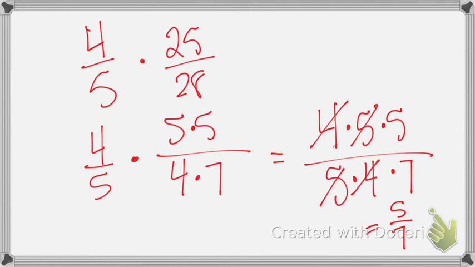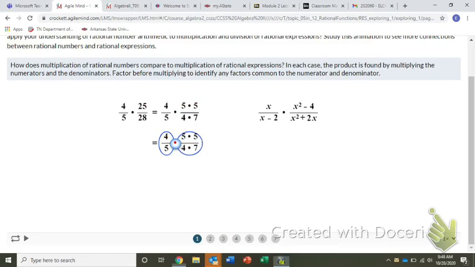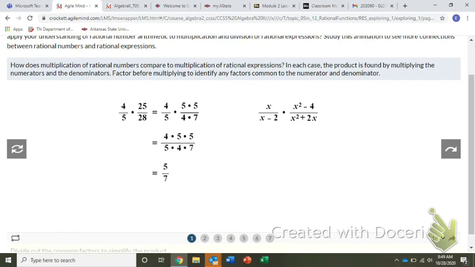Okay? And that's what John was doing too. They squished them, and they're going to cross out the 4s. They're going to cross out the 5s, and you're left with 5 over 7.